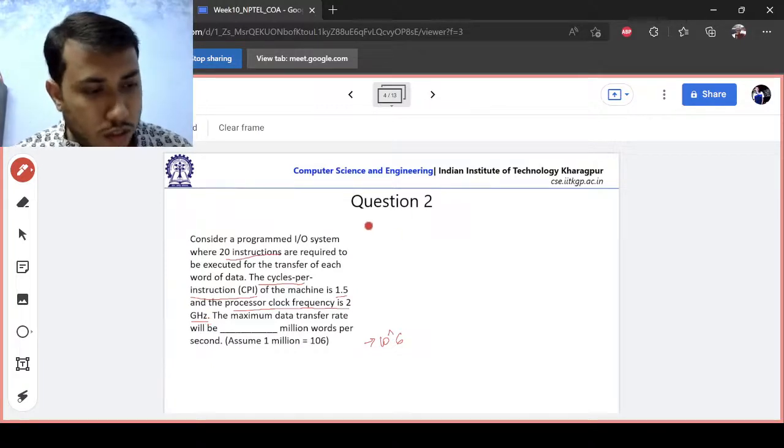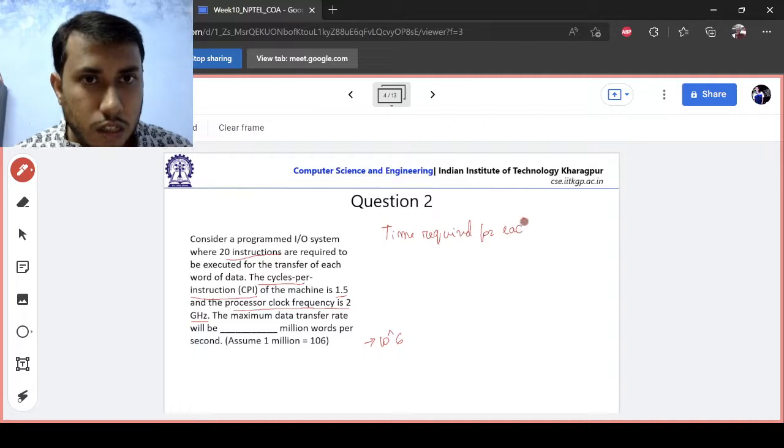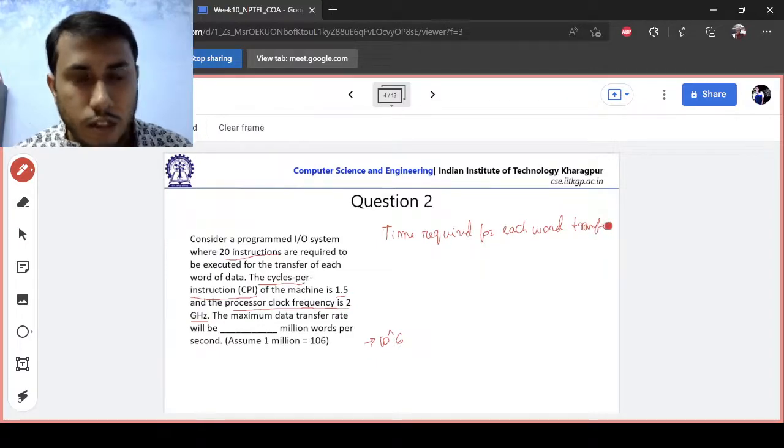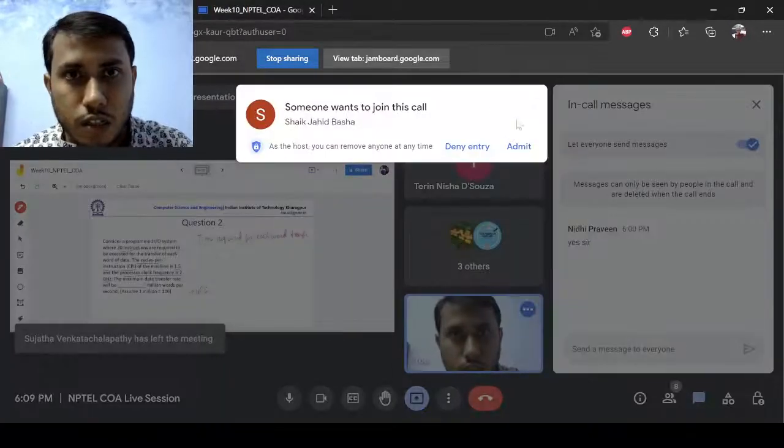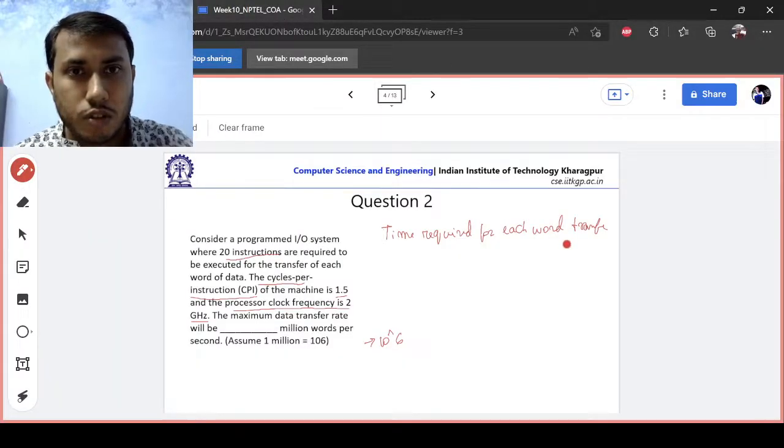So the time required for each word transfer, what will it be?